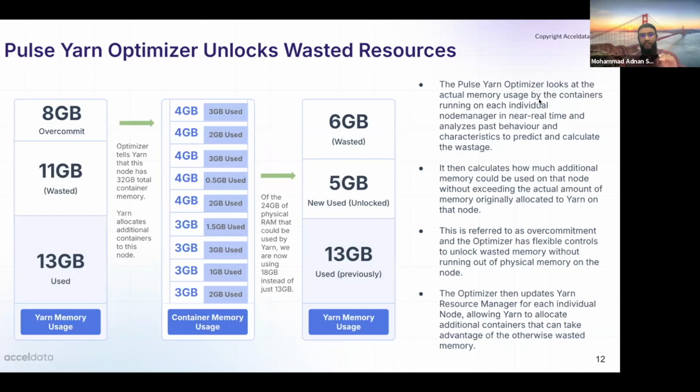Now YARN allocates additional containers to this node. Very simple. The most important thing before driving further into this is that we are not doing any change at the YARN end. We are not adding any new hooks at the YARN end. This operation is just with the help of APIs. I want to set that very clear and upfront: there are no code changes. You will continue to use the YARN that you are using today.